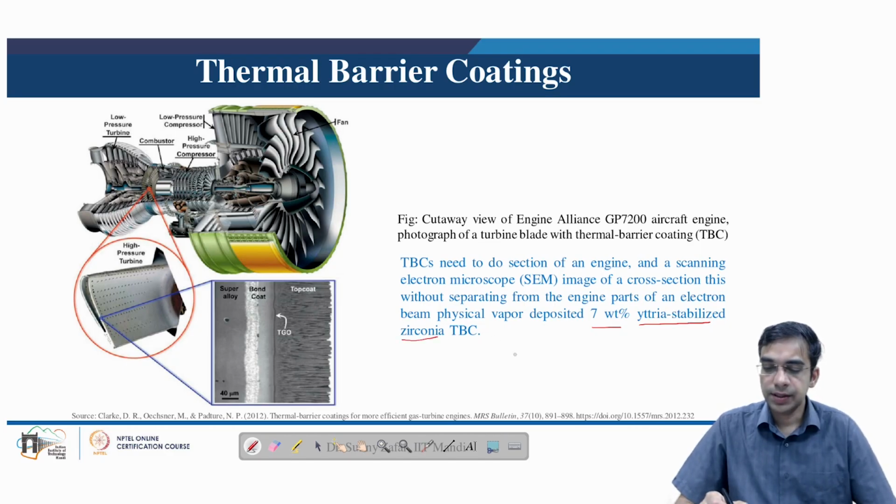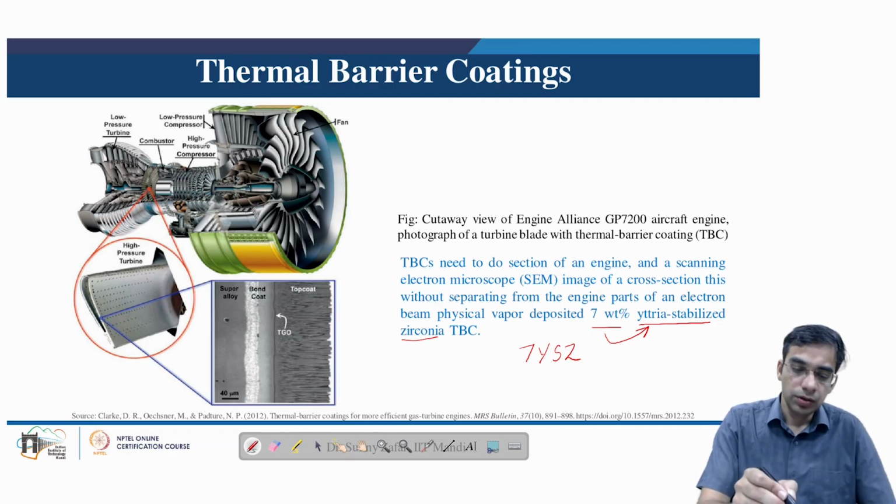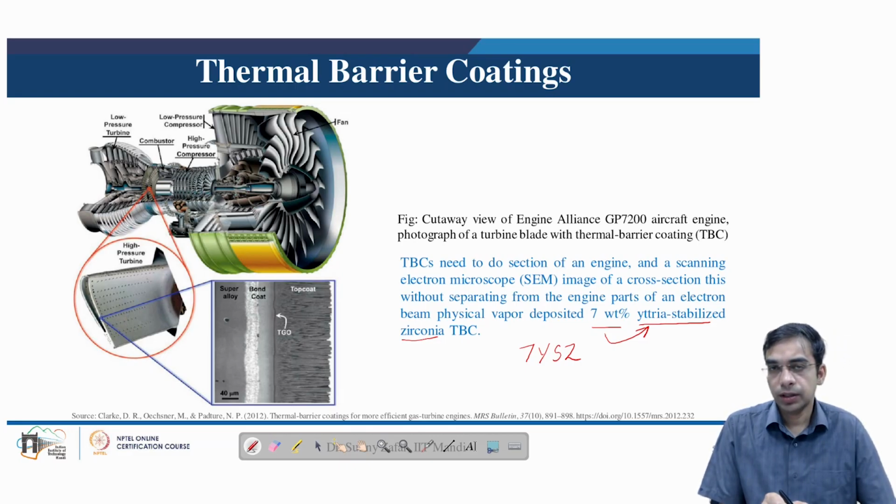This is that special material, sometimes abbreviated as YSZ, where Y is for yttria, S is stabilized, Z is zirconia, and 7 weight percent of yttria is added into zirconia to stabilize it at high temperature. So as we can see in the SEM micrograph here, the multi-layer coating of the thermal barrier material is there.